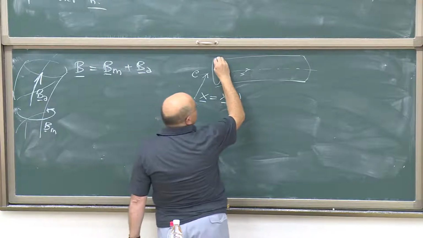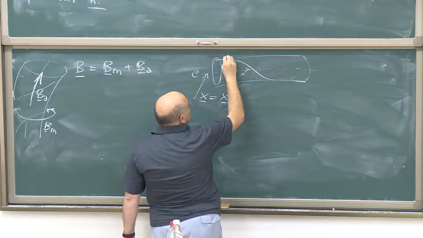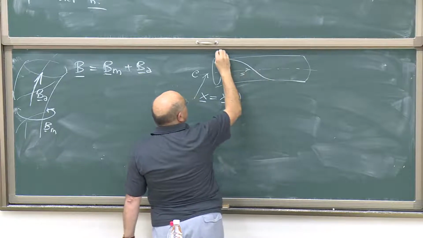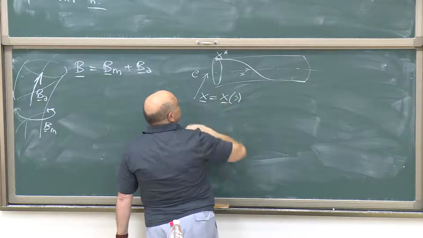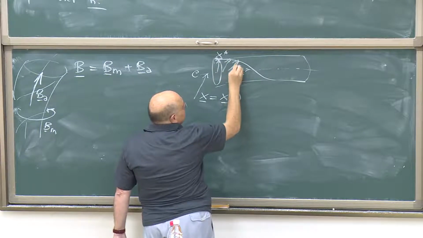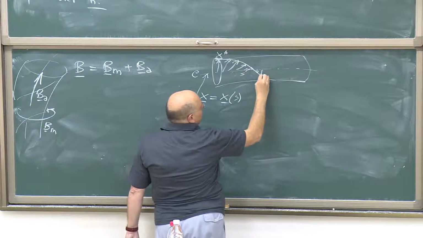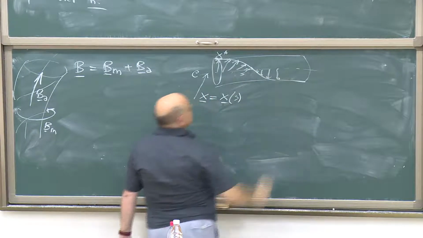And then the twist is formed when a second line, I will call this second line X star, makes a turn about the center, like so.